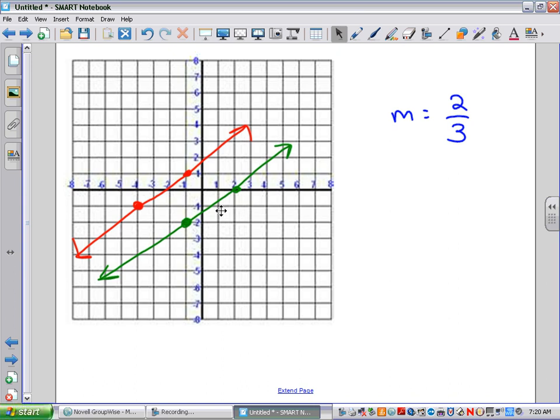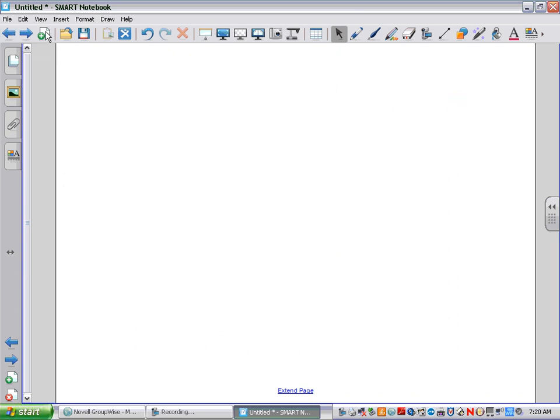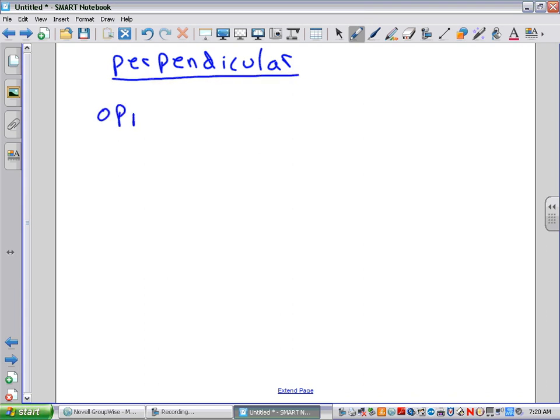So, with that said, let's now talk about perpendicular. Okay? This is a little more difficult. Opposite, reciprocal.